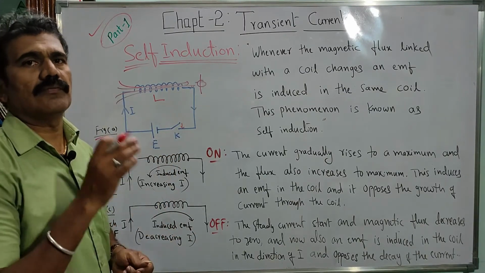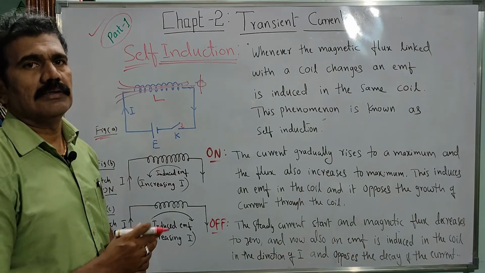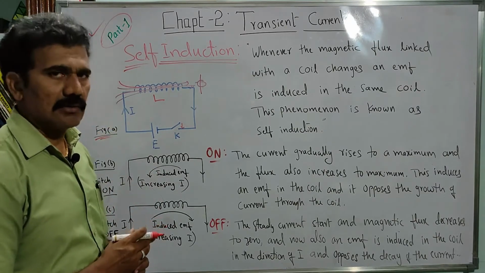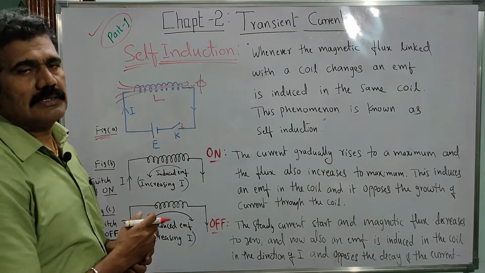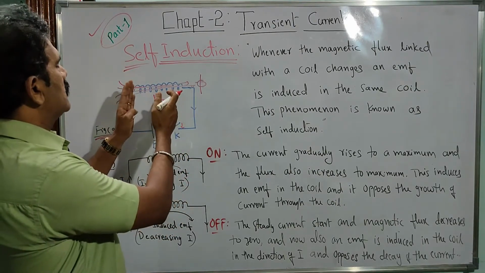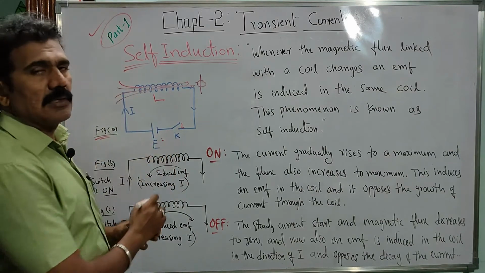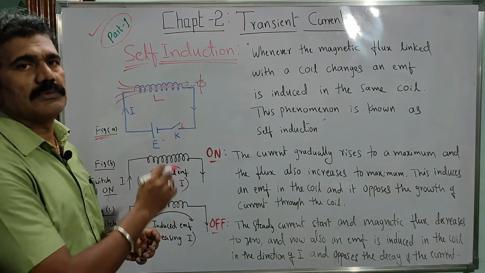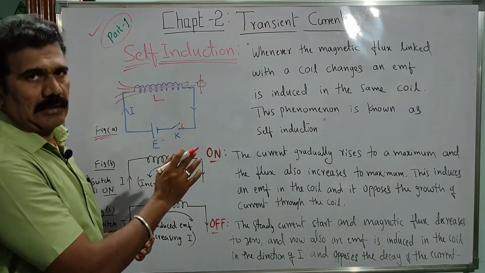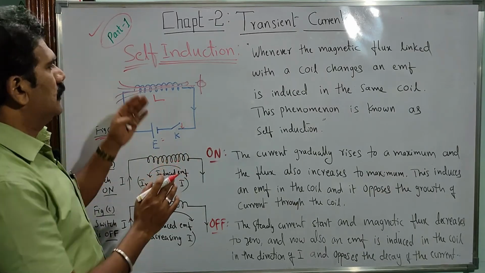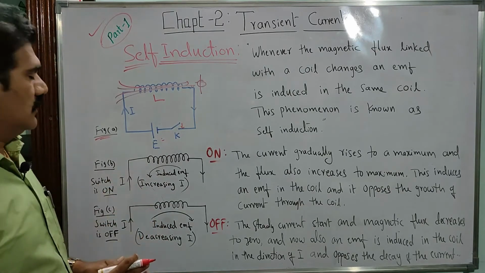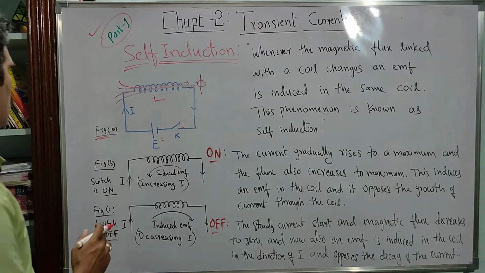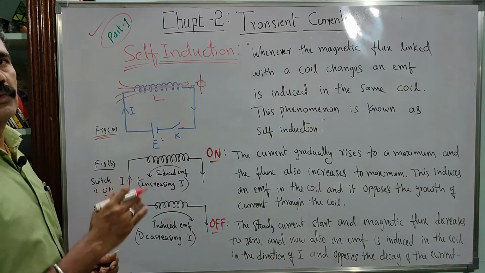So what is the role of that EMF induced in the coil? That induced EMF always opposes the growth of the current, because it is always in the opposite direction to the supply EMF. We can understand that concept now from figure B and figure C. Consider figure B, where there is a growth of the current from 0 to maximum.